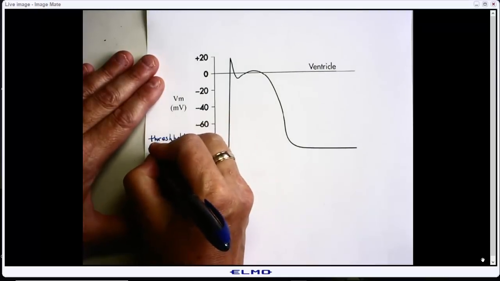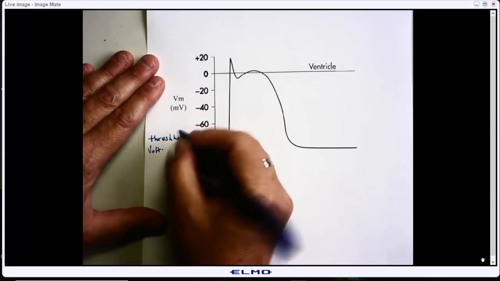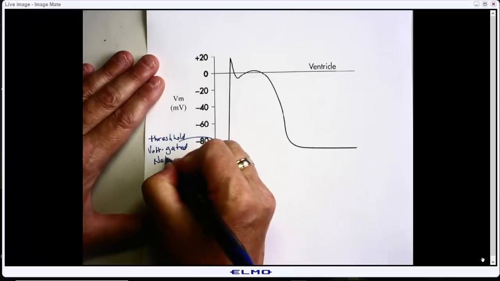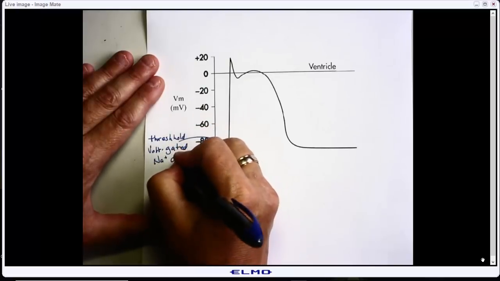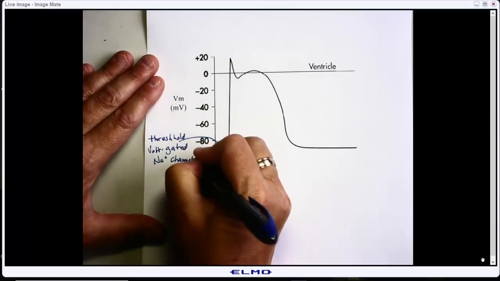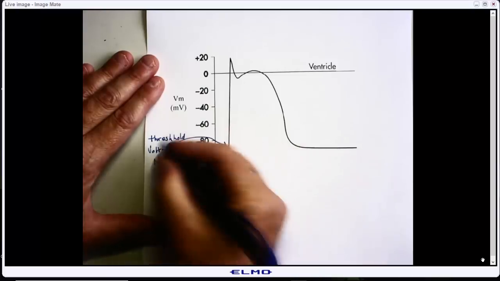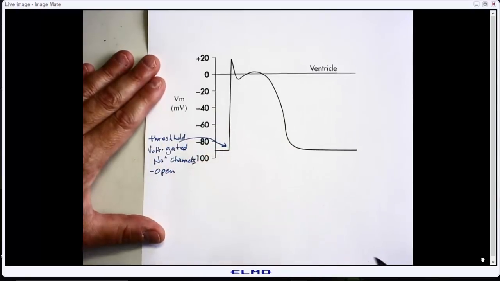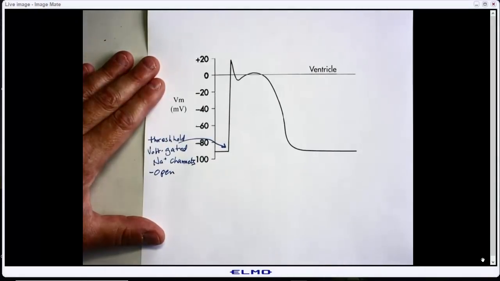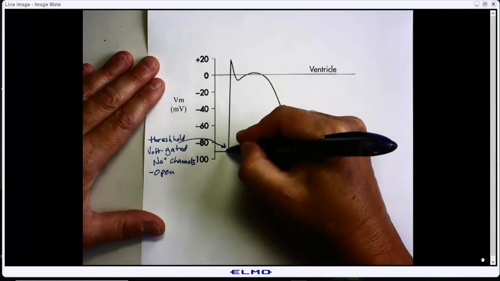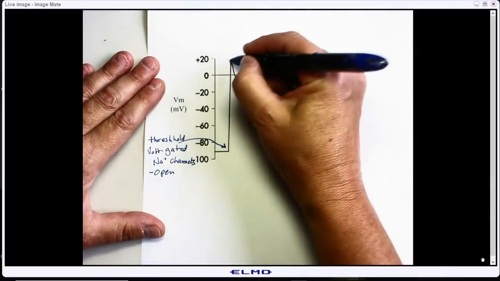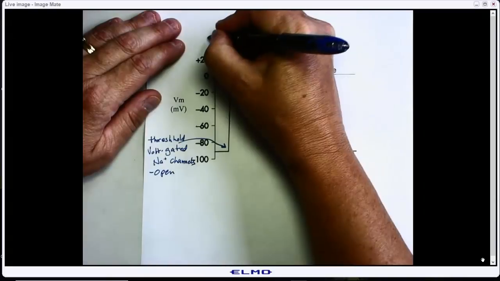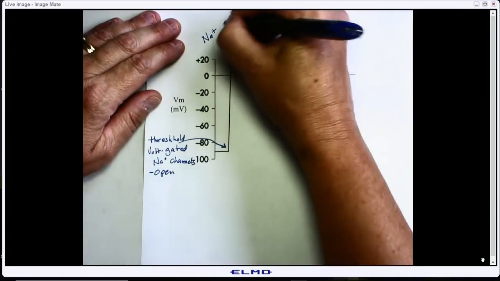So we open our voltage-gated sodium channels right here. Voltage-gated sodium channels open, we get this massive depolarization, and then those voltage-gated sodium channels inactivate.